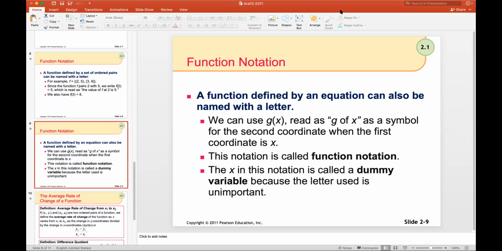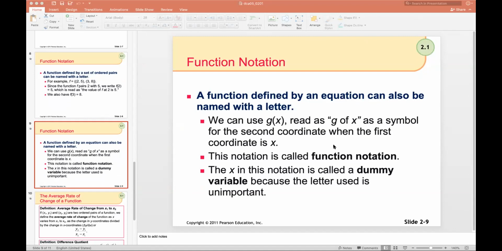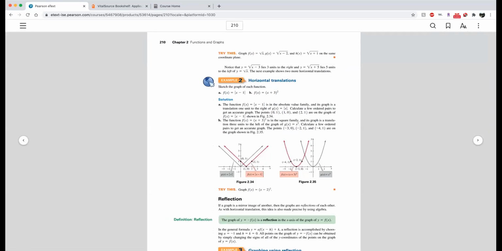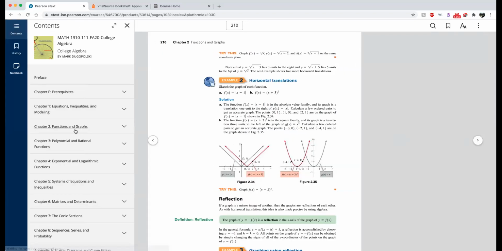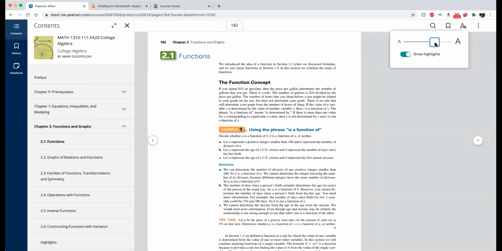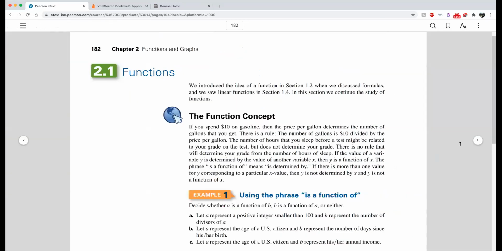In the textbook, give me a second. So let's see. All right.